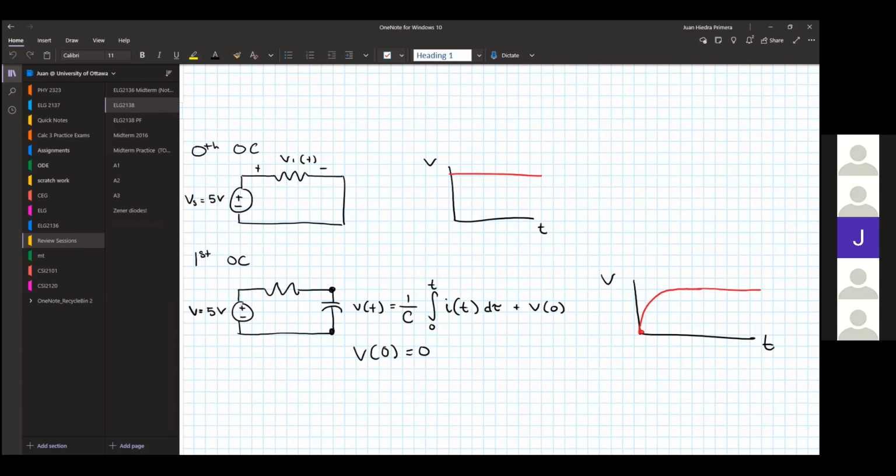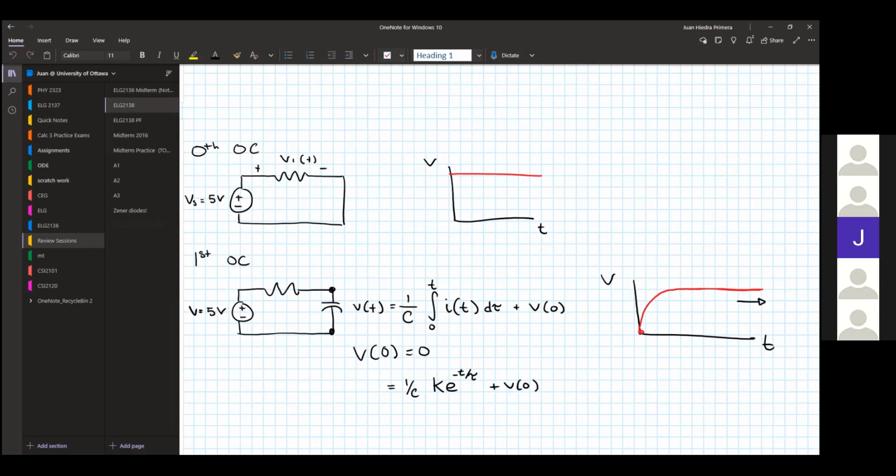So as t approaches infinity, you can see that this line that's kind of climbing becomes flat. As your t value gets greater and greater, this value is going to be 1 over C, K e to the negative t over tau plus a V naught.